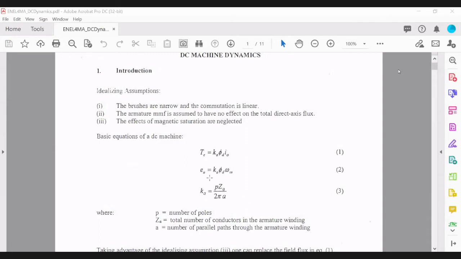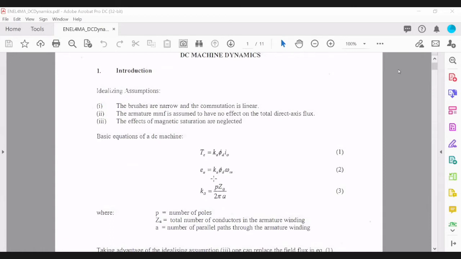So this is a constant, right? And the armature, so that's your induced voltage in the machine. And so that's basically given by also the product of the speed of the motor times the flux and constant Ka, right?